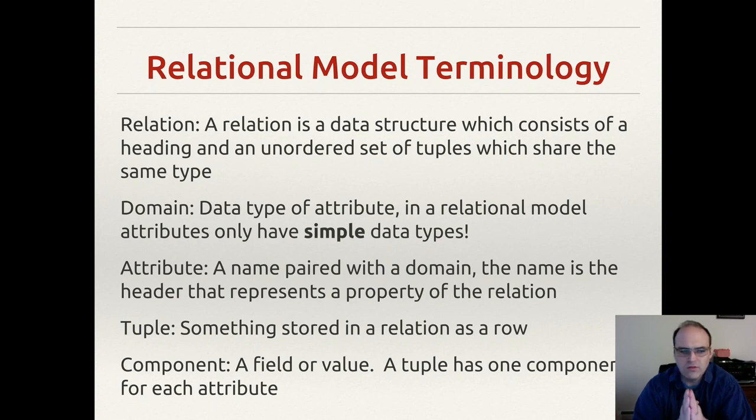Now, one important thing I want to point out is that in the relational model, we only use simple data types for attributes. This is a big difference from, say, the NoSQL world sometimes. It is not uncommon for the NoSQL world to persist objects as values, right?